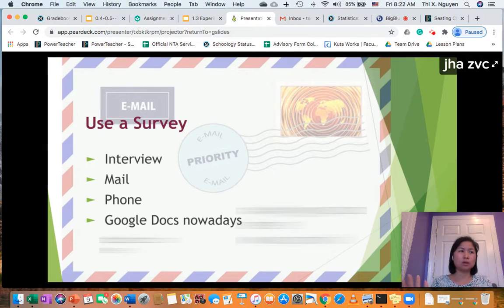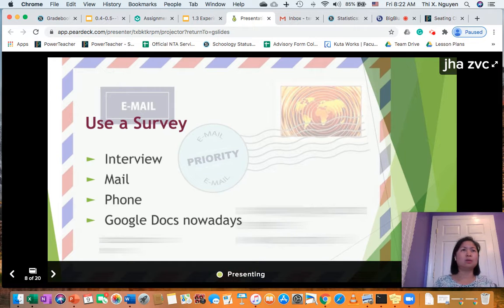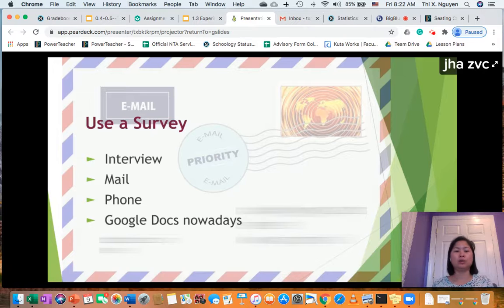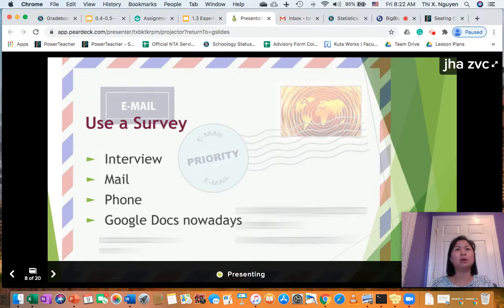You send a question and somebody else that you may not see may give you the response. Versus observational, where you are there to look at what happened and you are the one recording the results, the observation, the data. You collect the data, you are there. Versus the survey, you don't have to be there. You can send an email, you can send a letter, you can do a Google Doc, you can do a poll, whatever works for you. You don't have to be there.